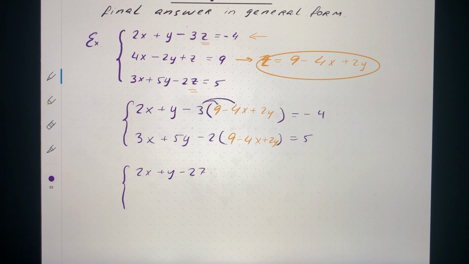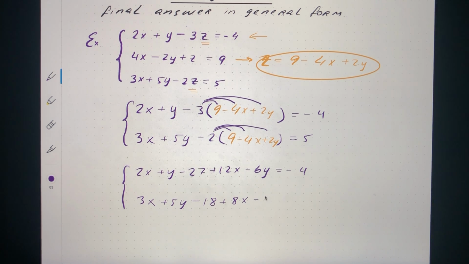Negative 3 and negative 4x is plus 12x. Negative 3 times 2y is minus 6y is negative 4. And then the second equation is 3x plus 5y minus 18 plus 8x minus 4y is 5.